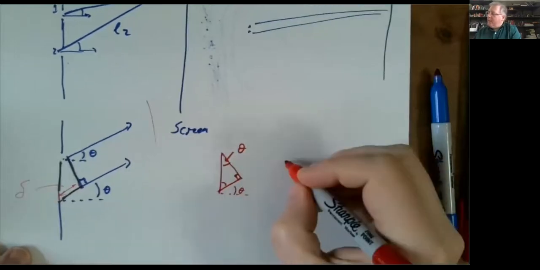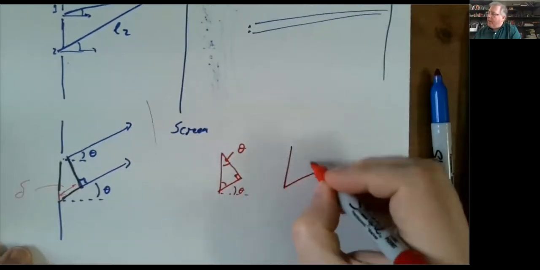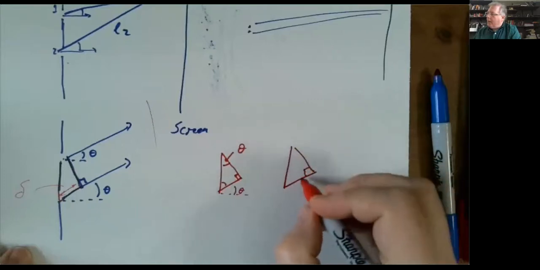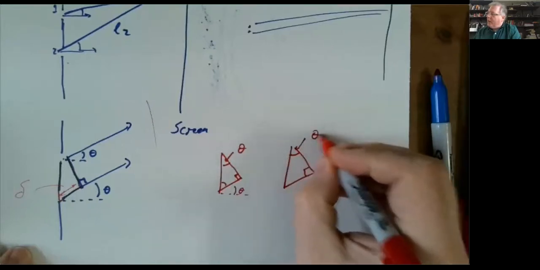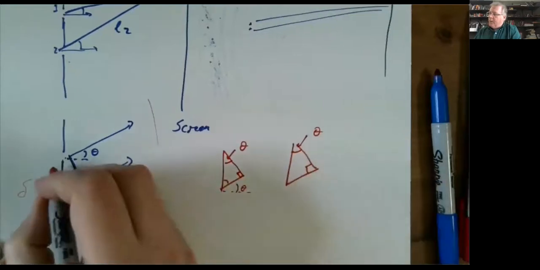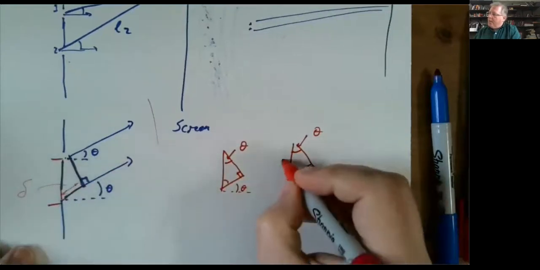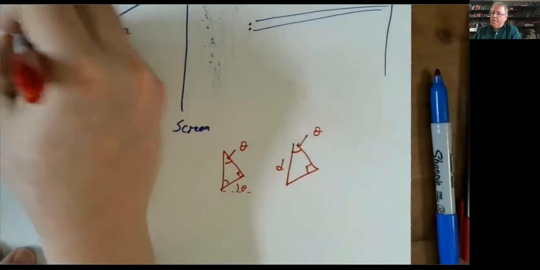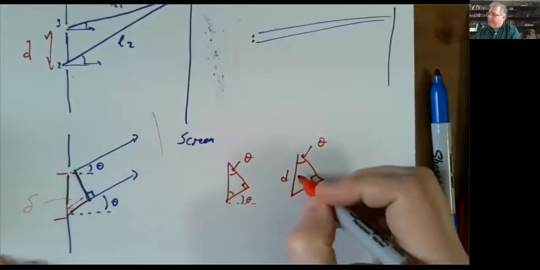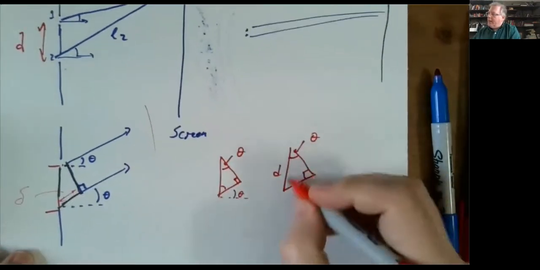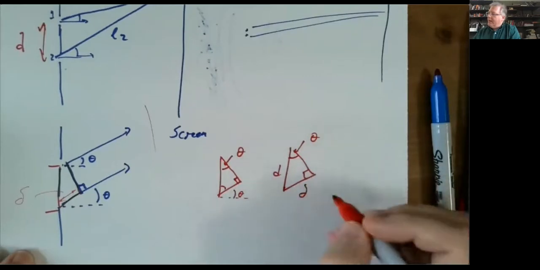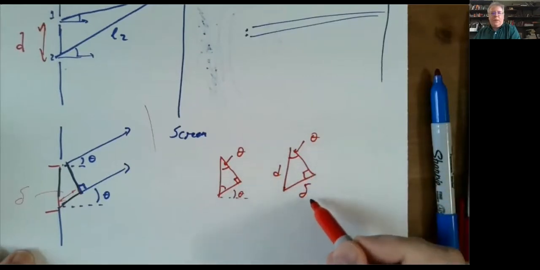So that tells me for this triangle, which I'll draw one more time, I have angle theta in here, and I also know what this is. So this I'm going to call the distance between the slits. I'll call that D. So D is the length of this side, and delta, which is the difference between the two path lengths, is over here.